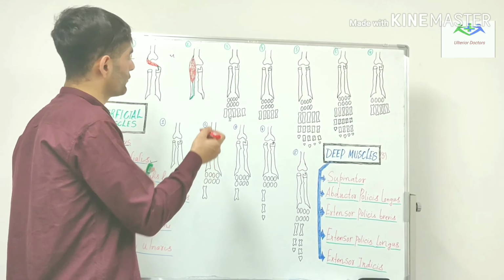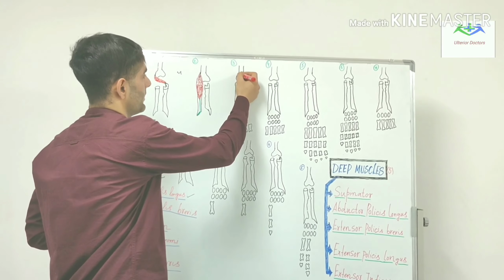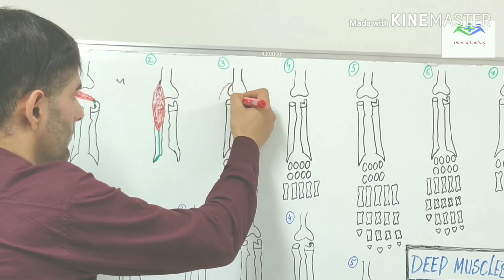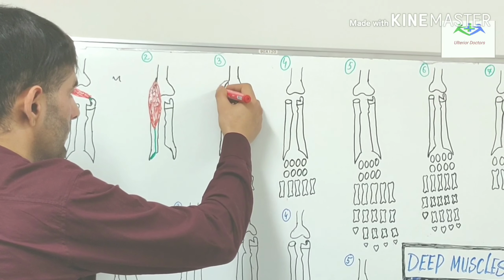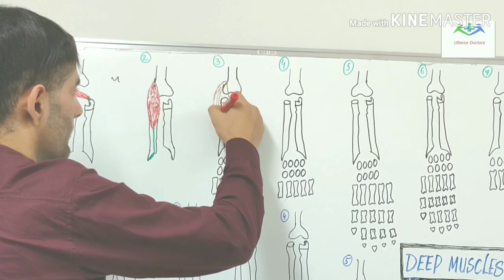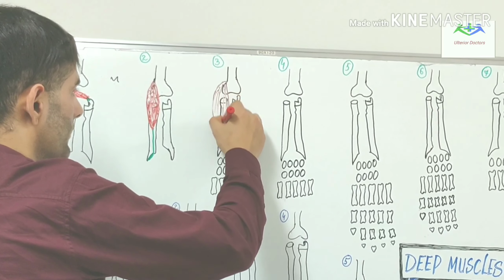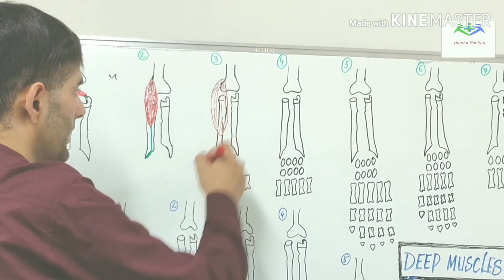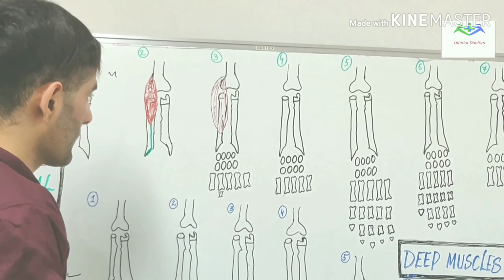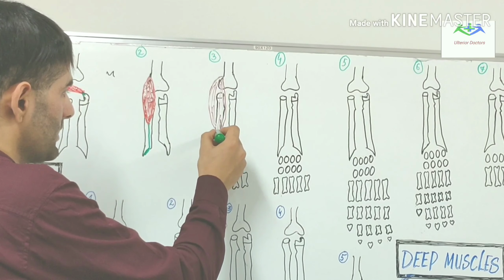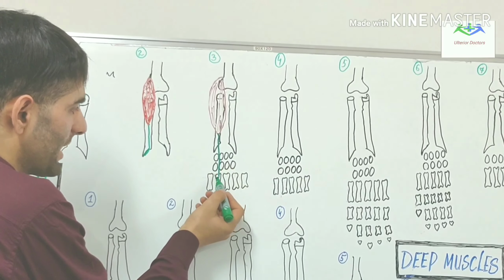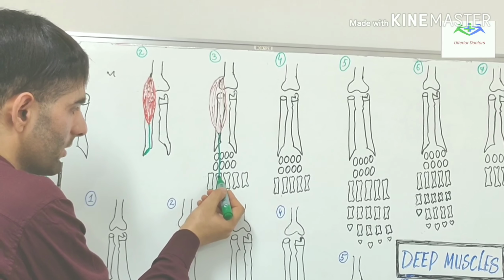It originates from the supracondylar region and goes radially and gives the long tendon which inserts to the base of the second metacarpal.